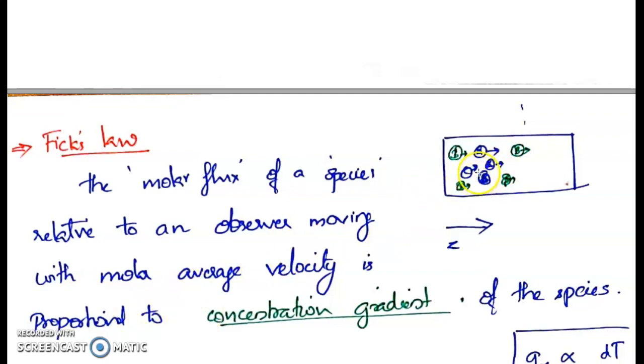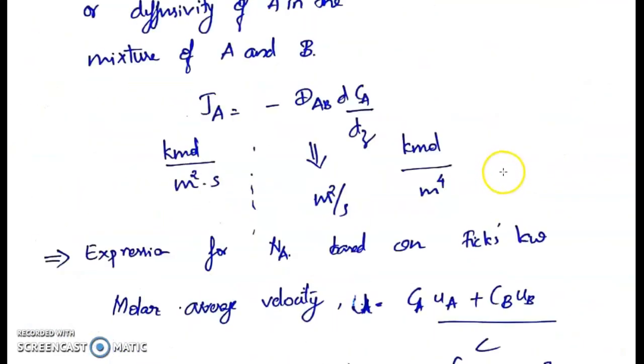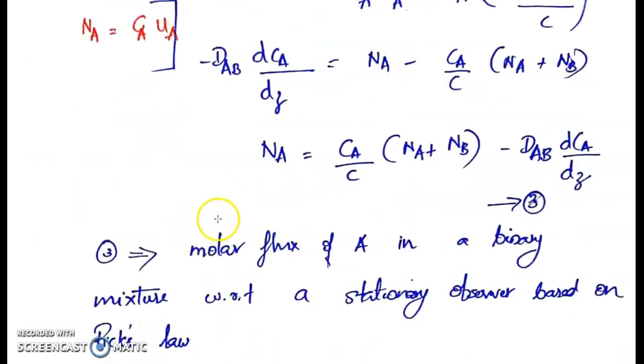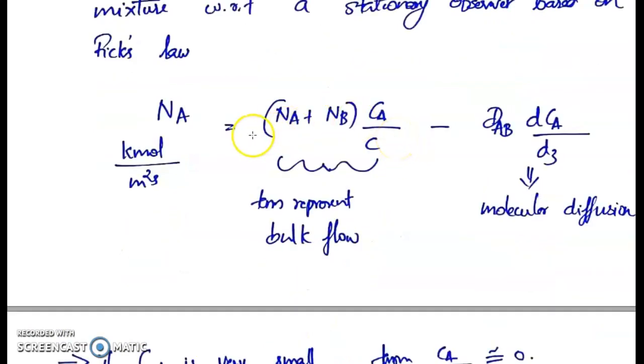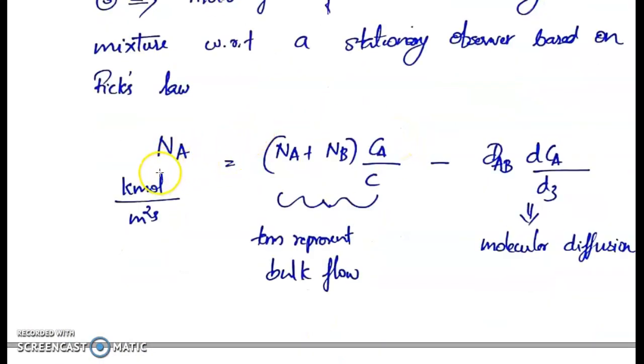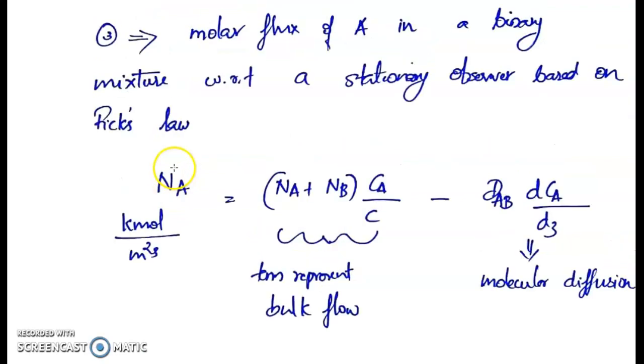And we also discussed that for diffusion of A molecules, the velocity of the component A should be greater than the molar average velocity of the mixture. So if you feel confused, forget about all these complications. The only thing is we got an expression for NA, the molar flux of A with respect to a stationary observer.